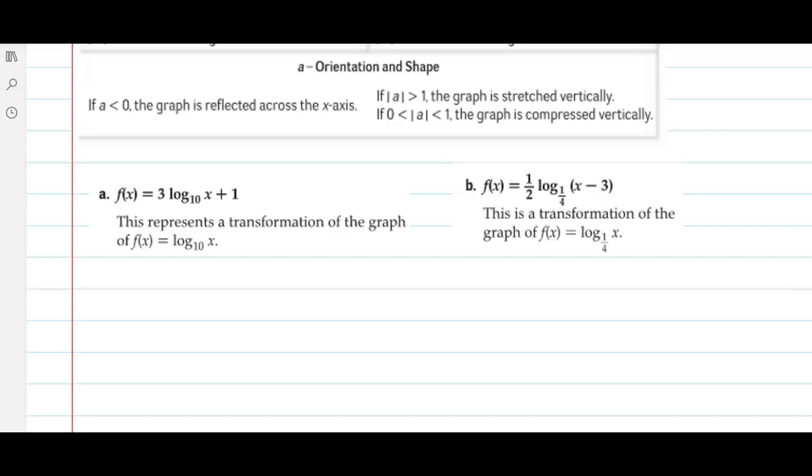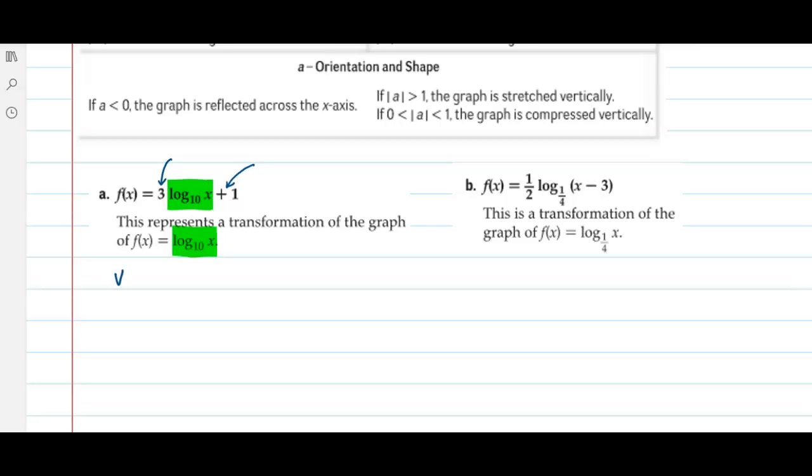We're comparing this logarithmic function to its parent function, which would be log base 10 of x. What is different between these functions? Well, I'm going to highlight what's the same. So that means I need to explain what the 3 does and explain what adding 1 does. 3 is an a value and it's greater than 1.